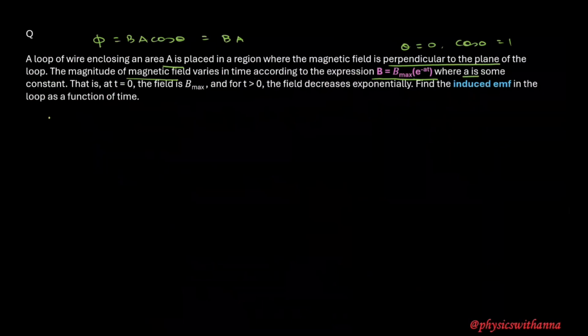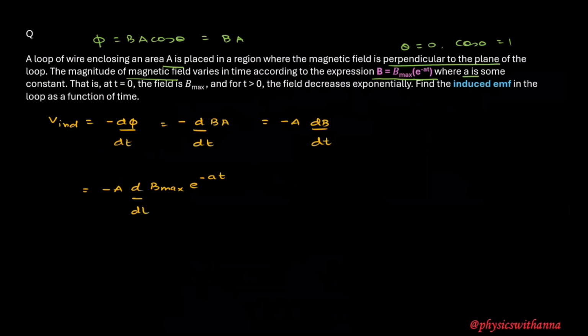We know from Faraday's law, V induced is negative d phi by dt, which will be negative d BA over dt. Since it's only the magnetic field that is changing as a function of time, I can take the area out of the derivative as a constant, so minus A dB by dt. Now substitute for B, you get minus A derivative of B max e to the power negative at over dt.